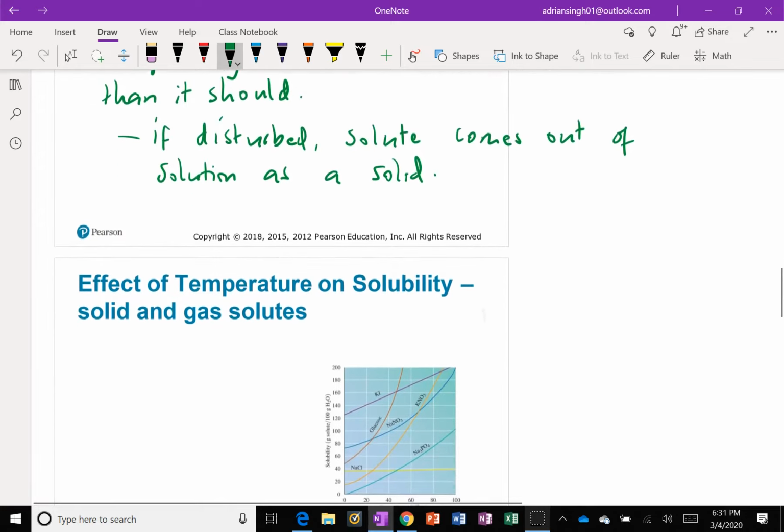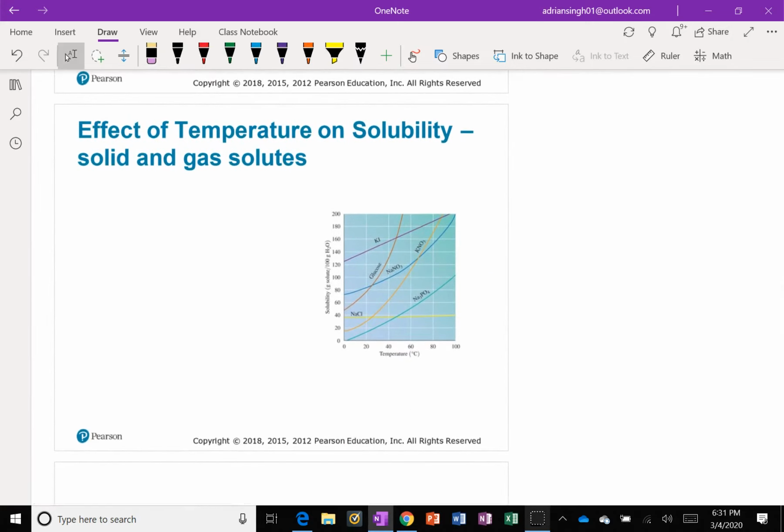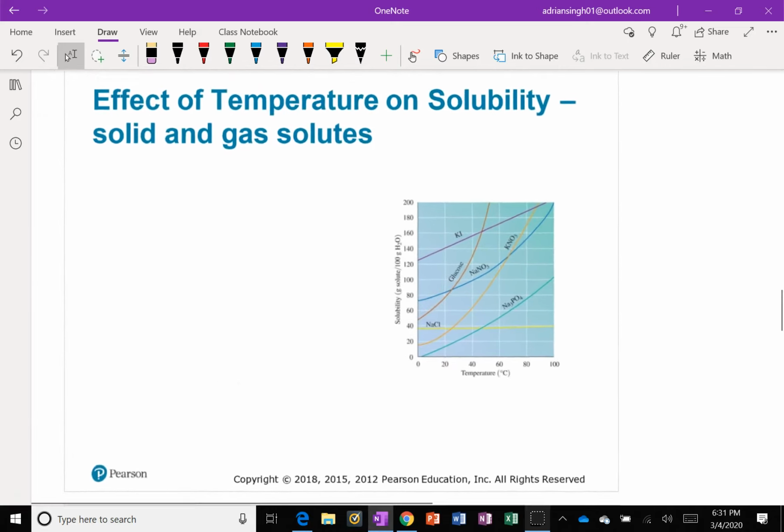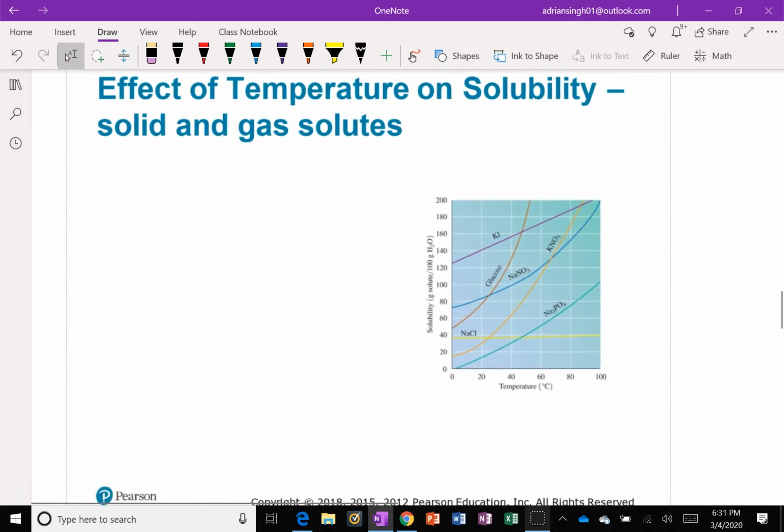Okay, so those are our three types of solutions that we can see based on the amount of solute dissolved in it. The next thing that we're going to address is that second part of when we defined our solubility: we said it was the maximum amount of solute that can dissolve in a given amount of solvent at a specified temperature. Right?